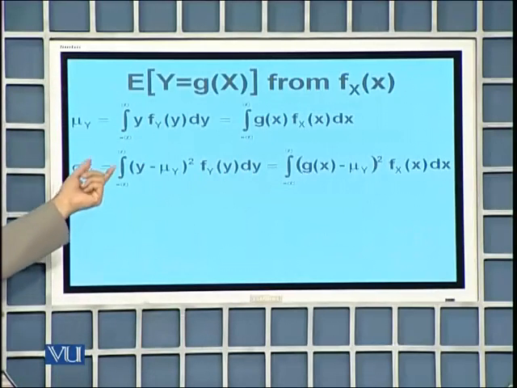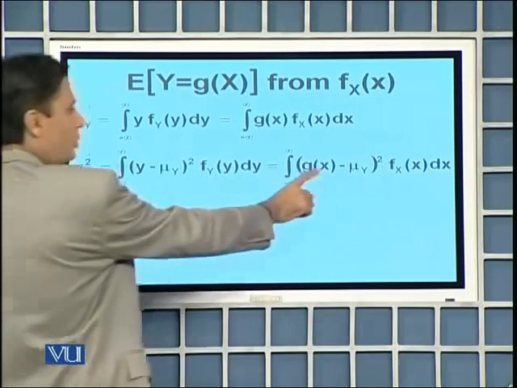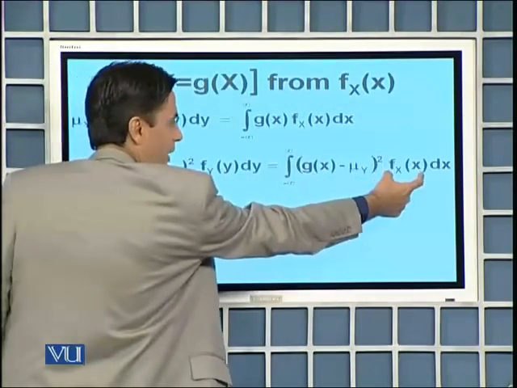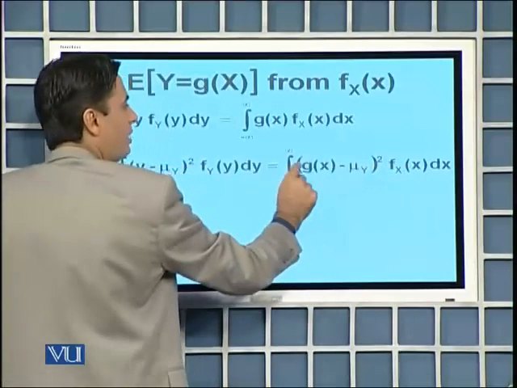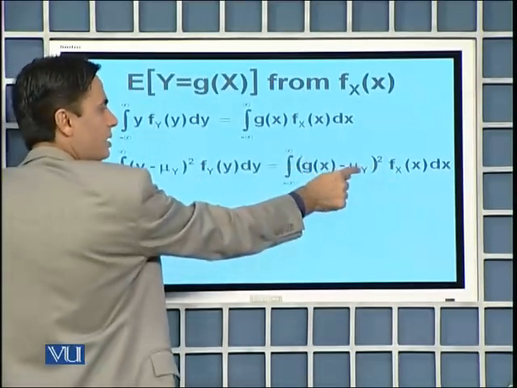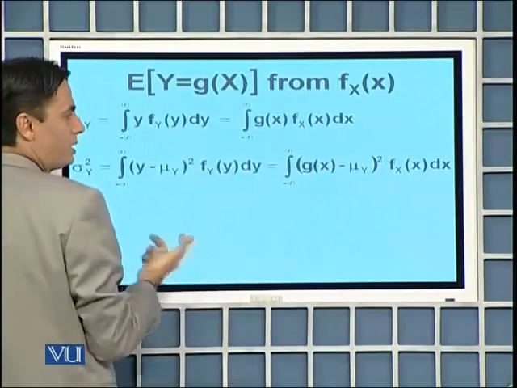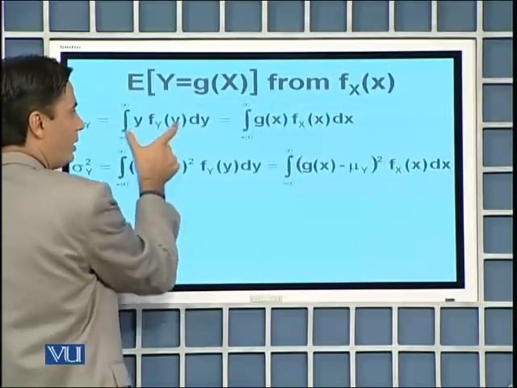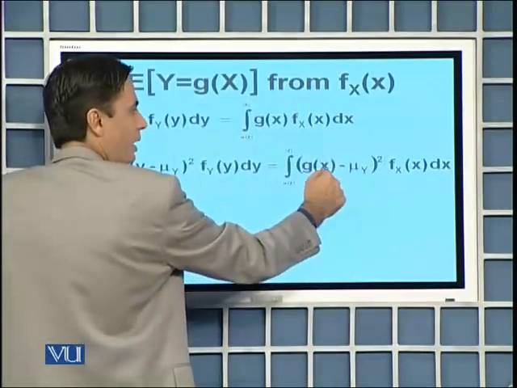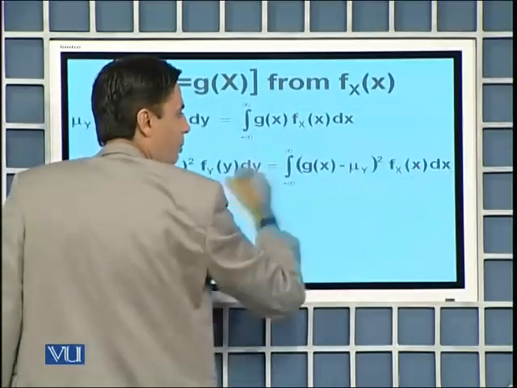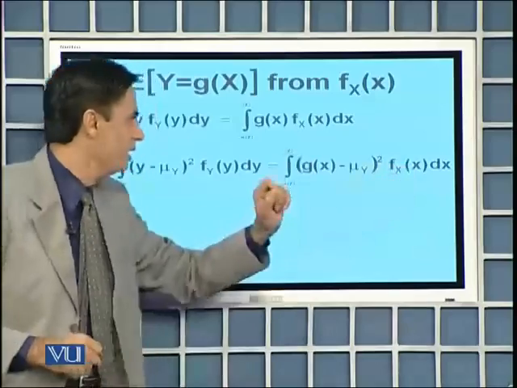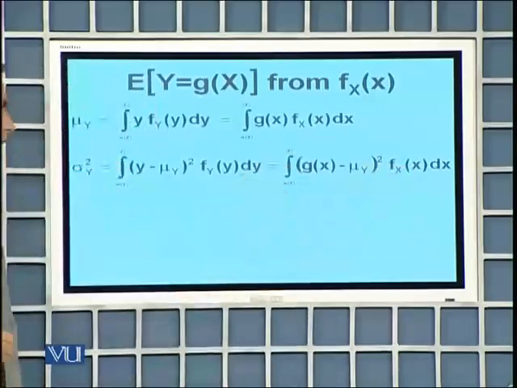But you can reach the same answer if you want to work with the PDF of x. You take the PDF of x and multiply it with g(x), which takes the values of y. This mu y or expected value of y is a constant already evaluated through this or this. You take these two terms, subtract them, square them, multiply them with probability density function of x and then integrate over the whole range of x.